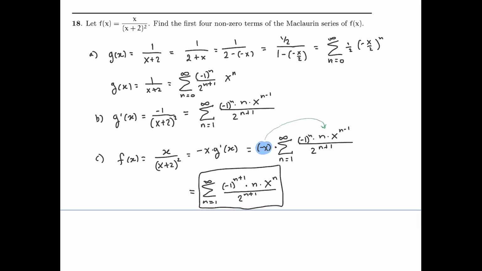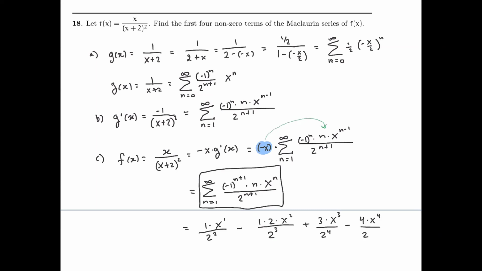They say to find the first 4 non-zero terms, but again, that goes without saying that we can plug in n=1, not n=0. So if n is equal to 1, you're going to have 1 times x to the power of 1 divided by 2 to the power of 2, and then minus 1 times 2 times x to the power of 2 divided by 2 to the power of 3, and then plus 3 x to the power of 3 divided by 2 to the power of 4, minus 4x to the power of 4 divided by 2 to the power of 5.